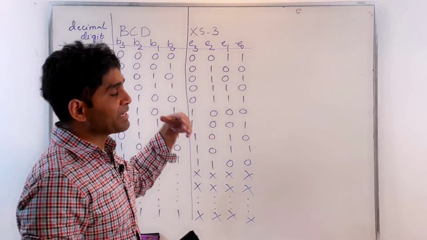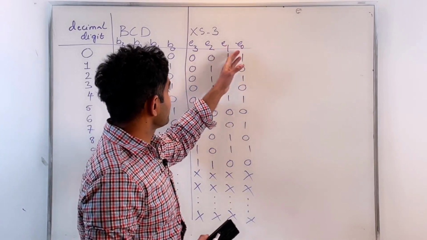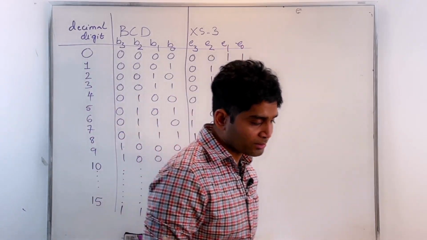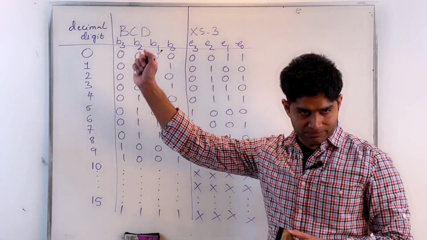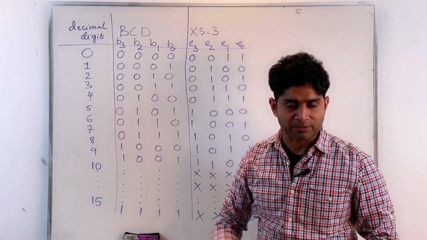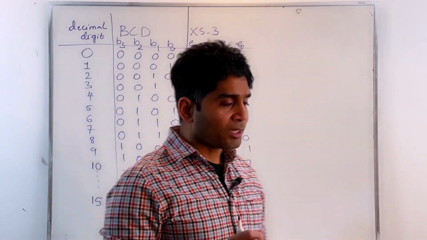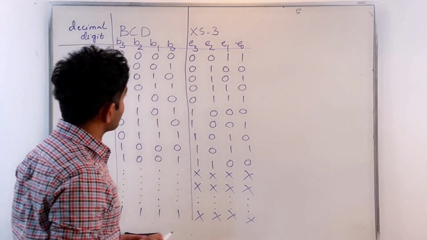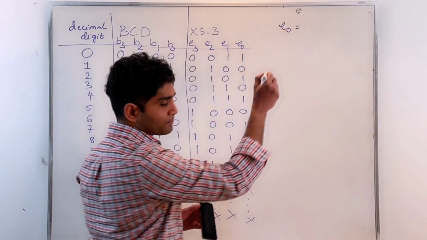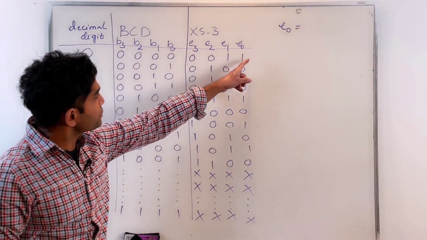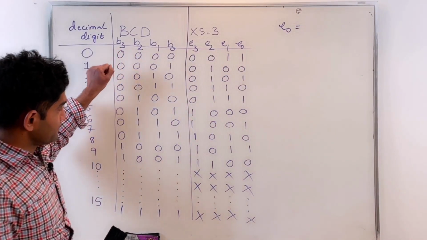When I say independent, I mean these are independent from each other. E0, E1, E2, E3 are independent from each other, and each of my outputs is a function of the same inputs in different formats, of course. Now let's look at E0 to start with. What could E0 be? E0 as a function of B0 through B3.